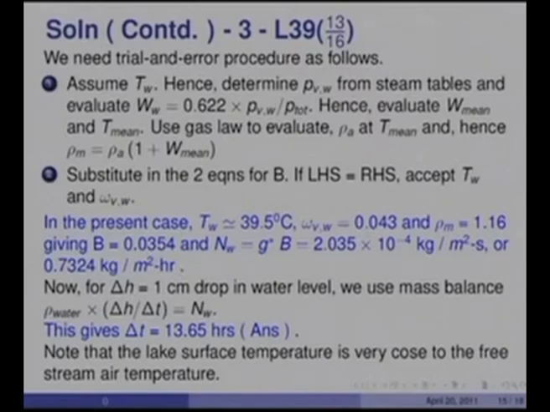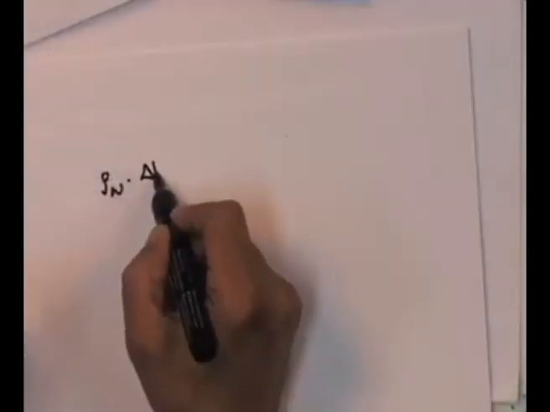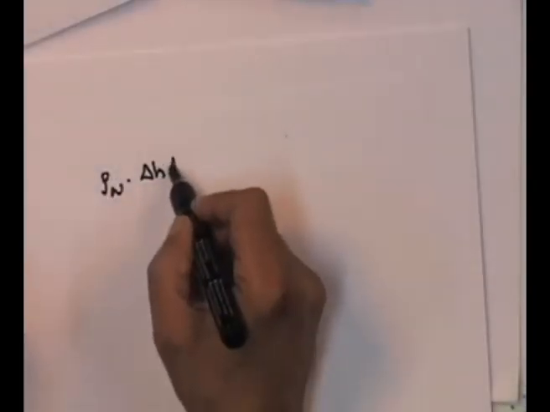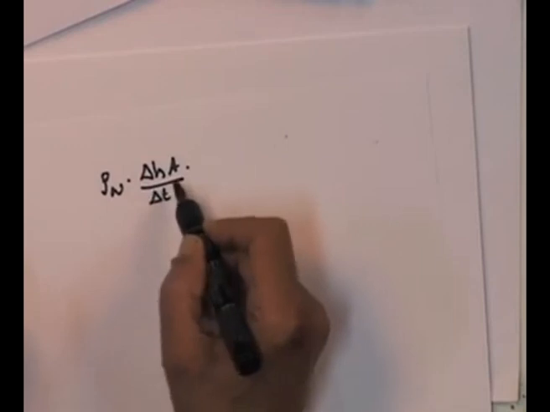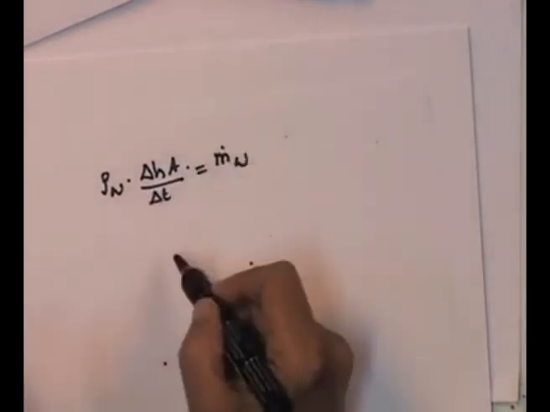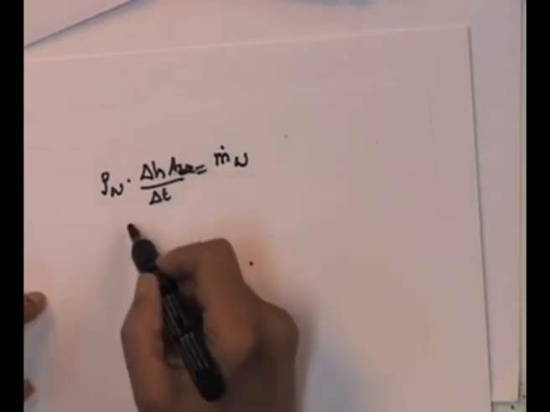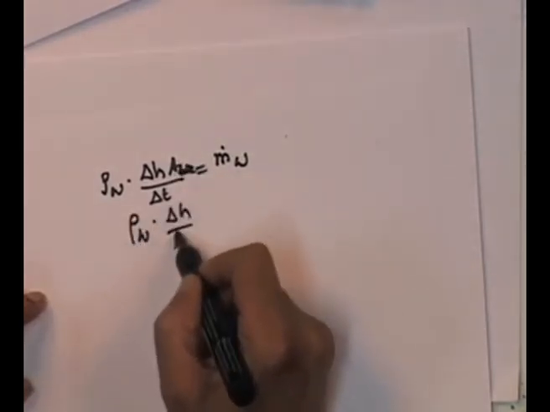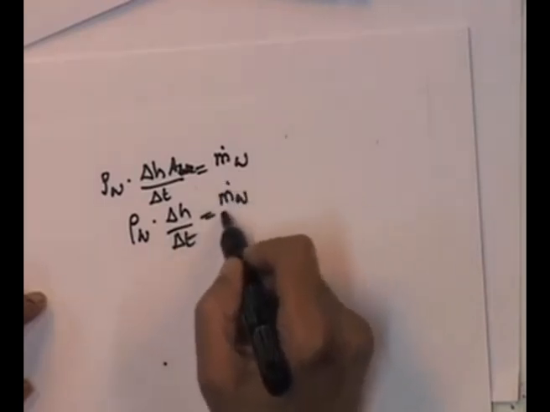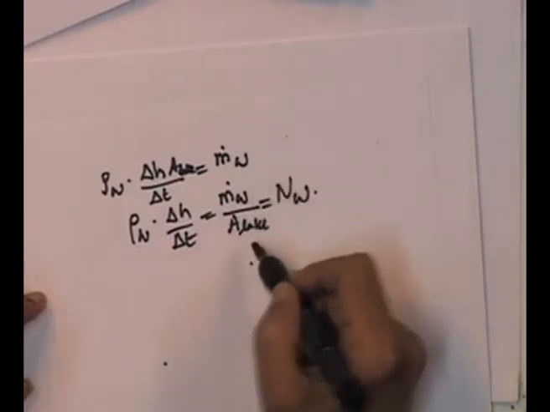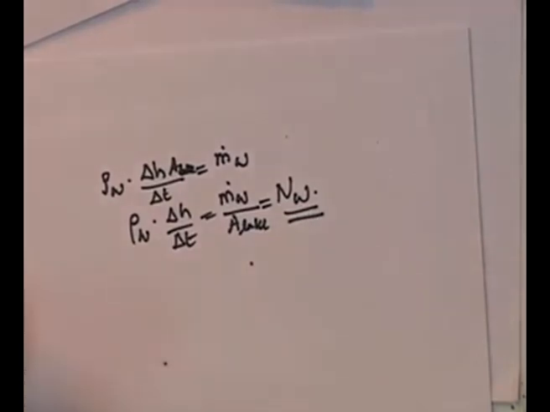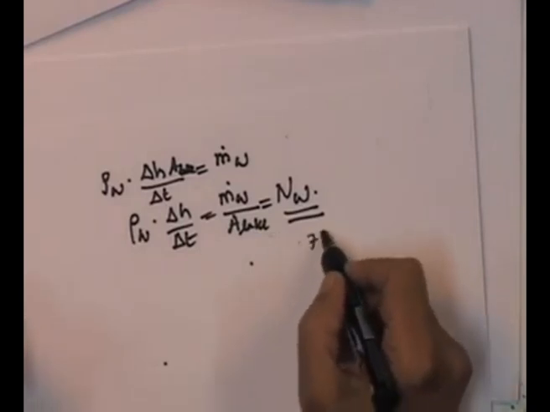In order to calculate the lake water drop, what we do is rho water into delta H into surface area A, divided by delta T, will be equal to m dot W, which is the surface area of the lake, and that will give us rho W into delta H by delta T equal to m dot W divided by A lake, and that will be equal to N W. So, we can now estimate, since we know NW, NW we have evaluated as 0.7324.